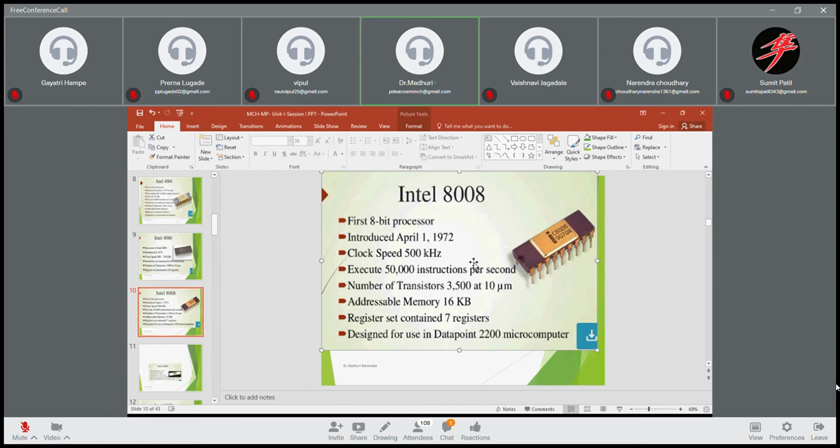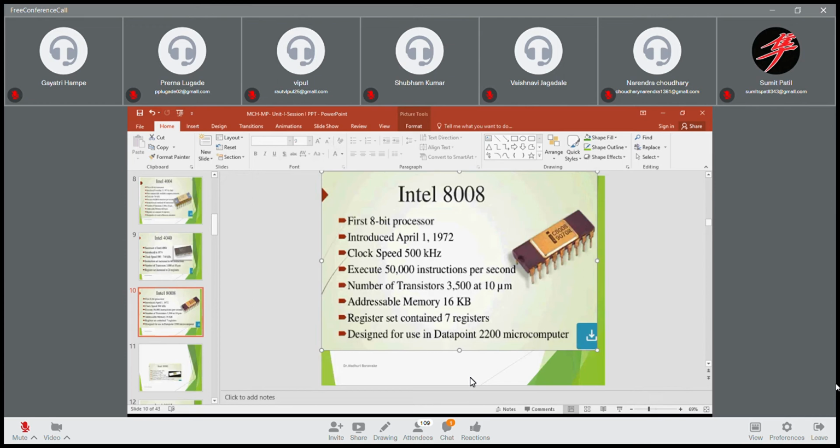Intel 8008. Yes, Aditya, can you read it? Yes, ma'am. Intel 8008.